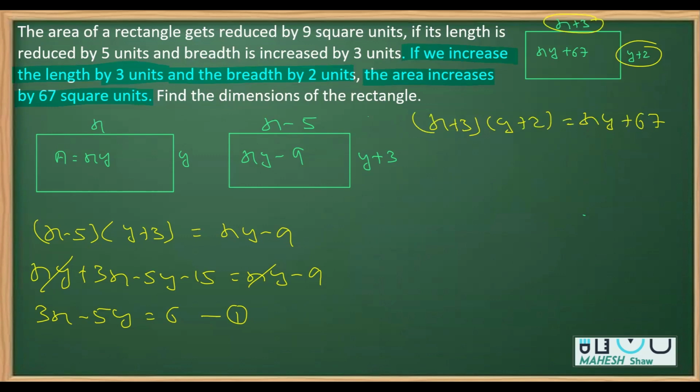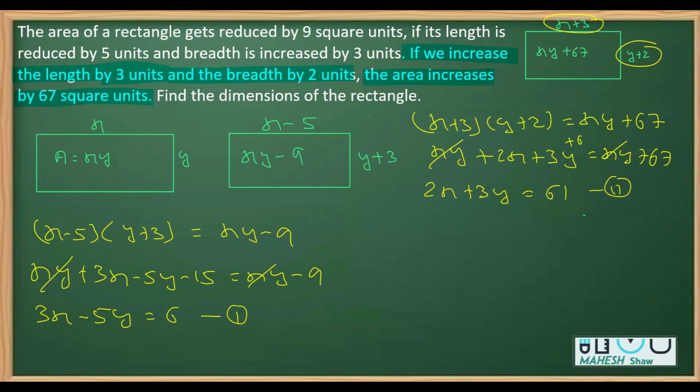So x into y is xy, then x into 2 is positive 2x, 3 into y is 3y, and 3 into 2 is 6, equal to xy plus 67. Here too xy gets cancelled, and we get another equation, 2x plus 3y. I missed 3 into 2, which is 6. On transposing 6 to the other side, it is 67 minus 6, that is equal to 61. So this is the second equation.